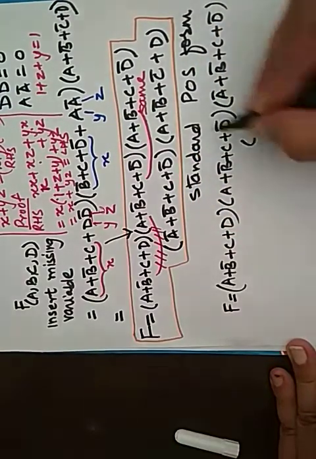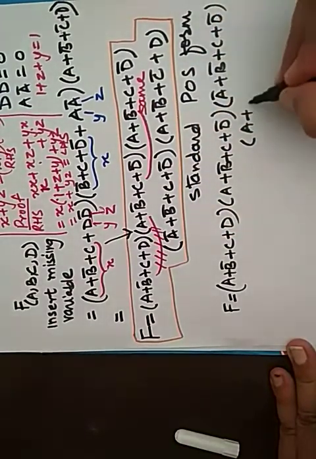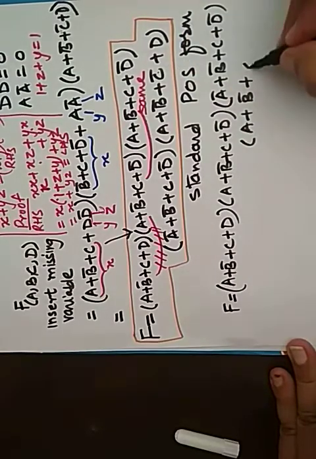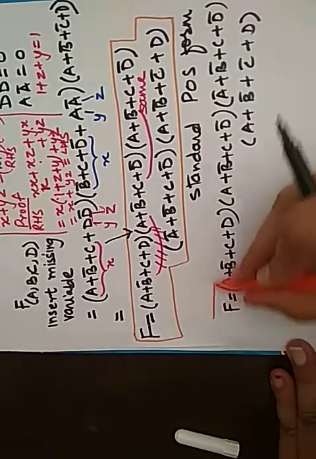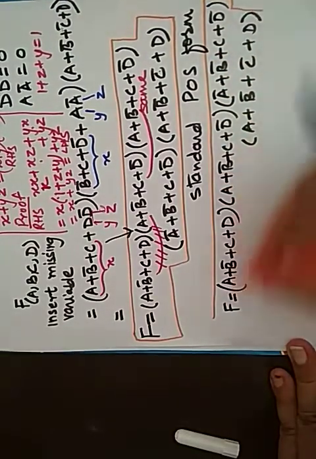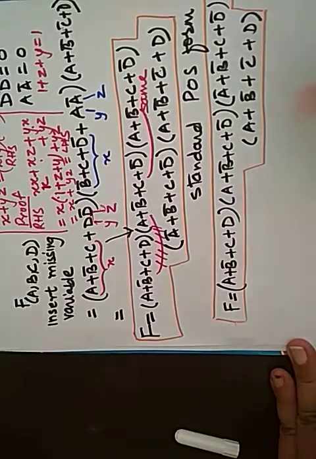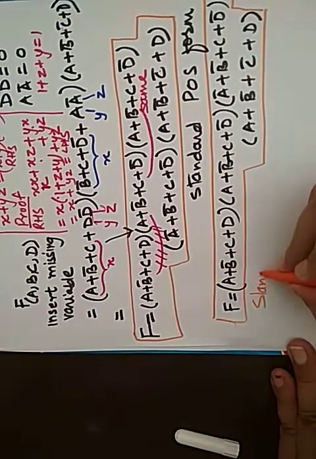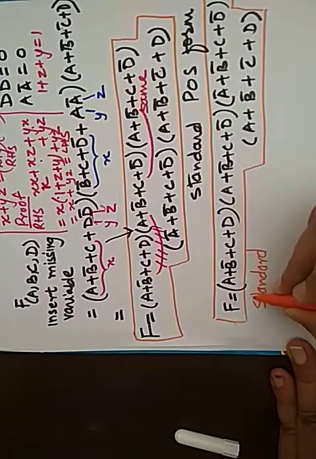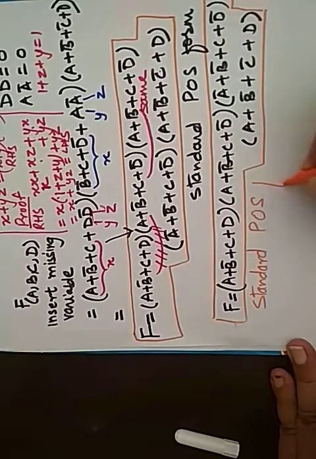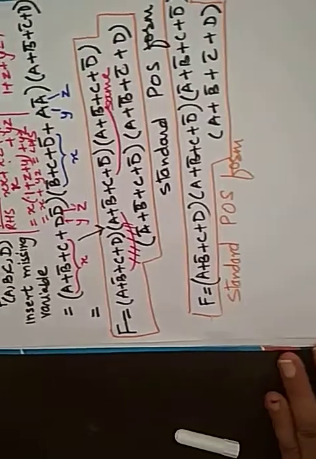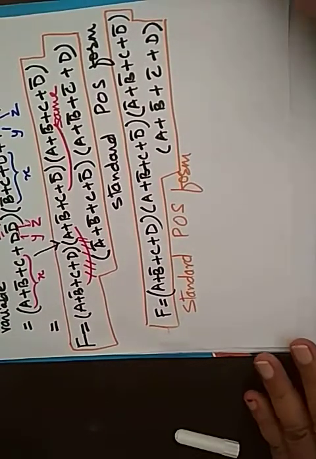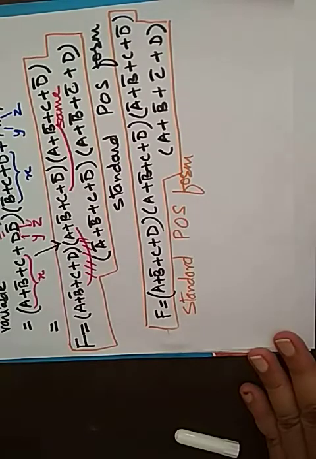And the last term, a plus b bar plus c bar plus d. This is the better simplified form of the standard POS form. Now if you see, it is again a very big function, and it can be reduced and written in a smaller expression form.